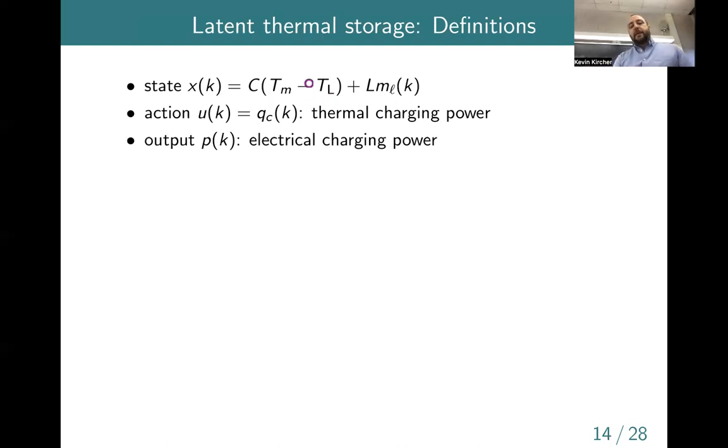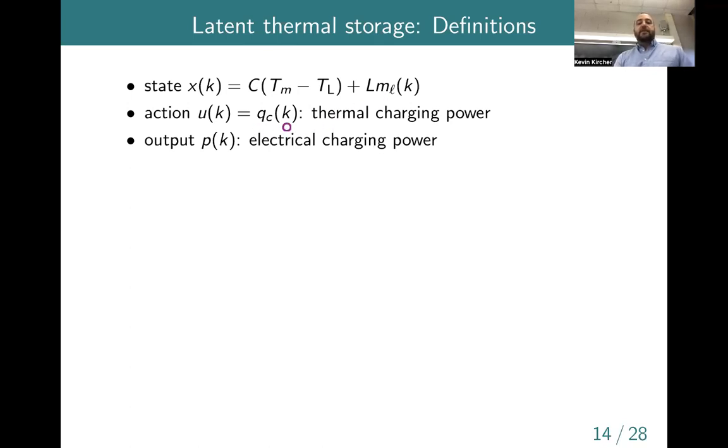So the idea is that maybe you start at this TL and then you put energy in to raise the temperature of the solid in the tank, and then you reach the melting point and it begins to turn to liquid. And here ML is the mass of liquid stored in the tank.